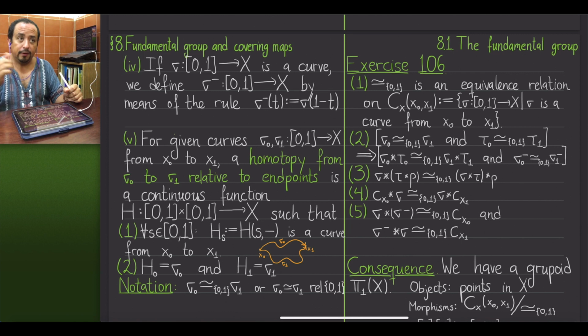And for instance, if my curve sigma is not a loop, then I don't compare sigma with sigma minus with respect to homotopy relative to endpoints.